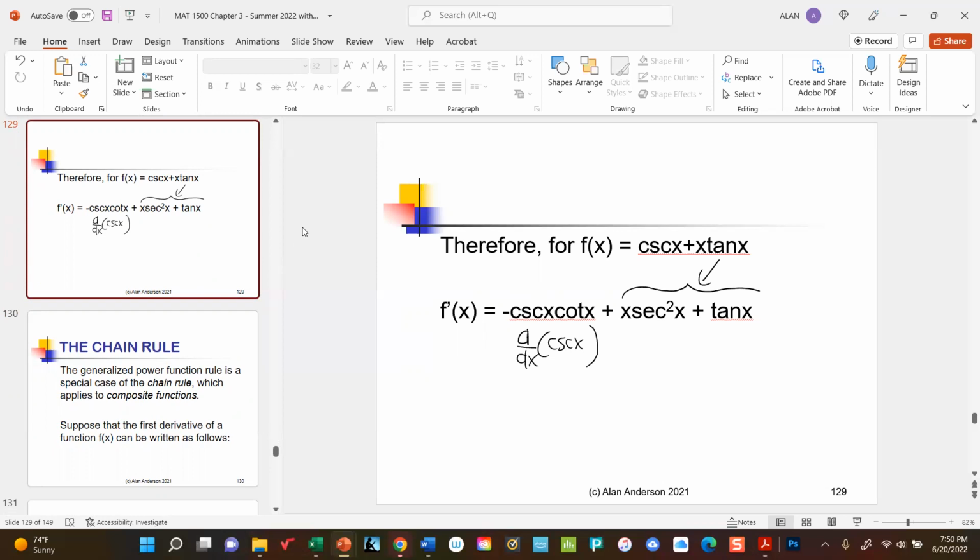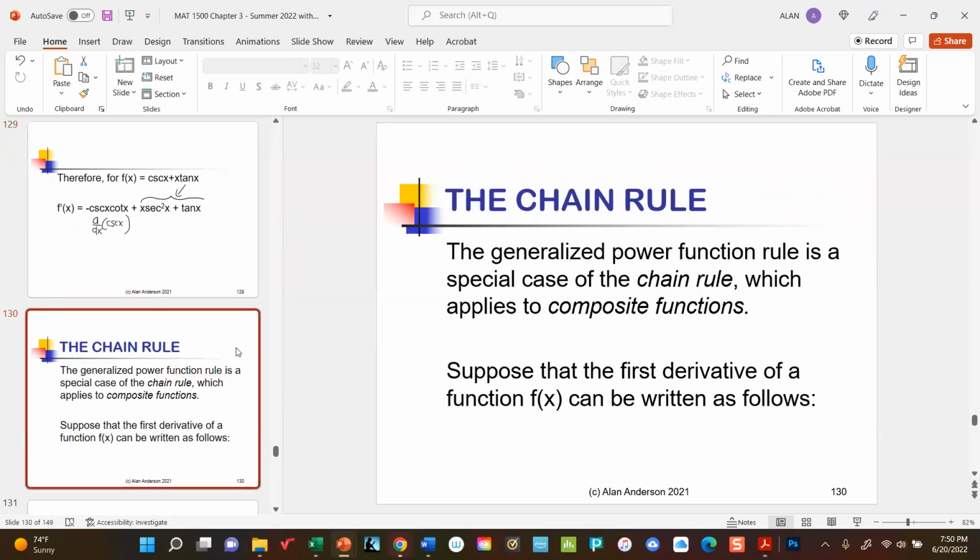And so what happens here is the final technique that we'll be learning in this chapter is the so-called chain rule. And it's applied to, of course, composite functions, which you might remember would be something like this: f of g of x, g of f of x. These are known as composite functions.